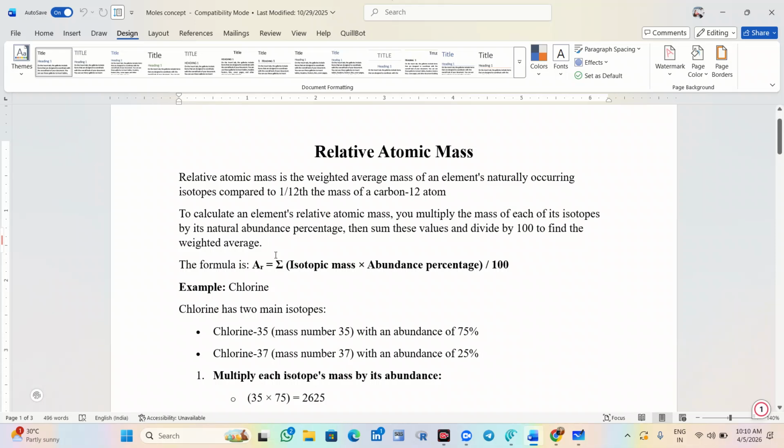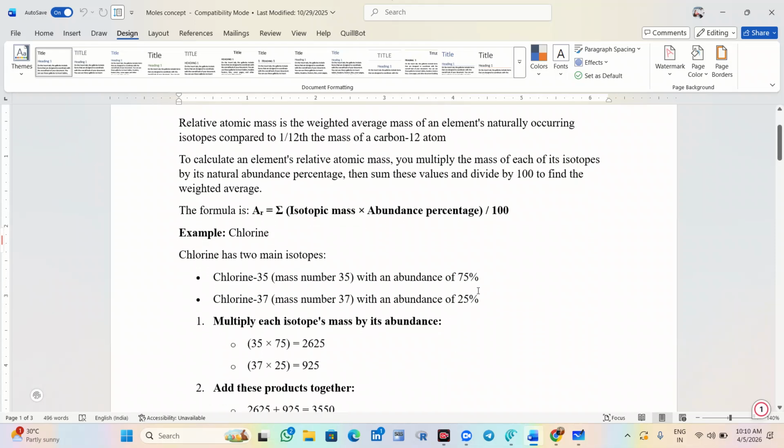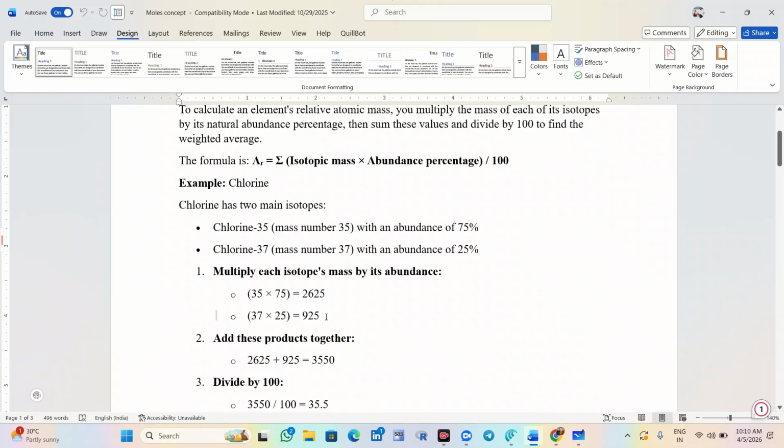You have to multiply the mass of each isotope times its abundance percentage, meaning how much it is occurring. See here, for chlorine, mass number 35 with 75%, so 35 into 75 you have to do. And 37 into 25.